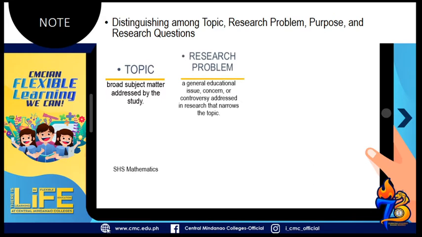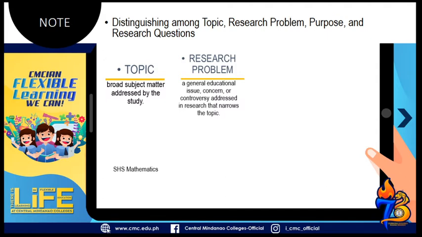Now, when we talk about research problem, so from the word itself, problema, no? A research problem is a general educational issue, concern, or controversy addressed in research that narrows the topic. Ang research problem na tinatawag, it is the issues or the concern na related doon sa topic.